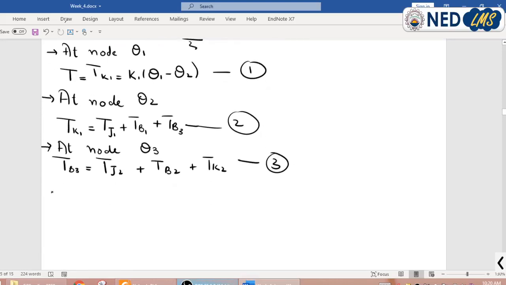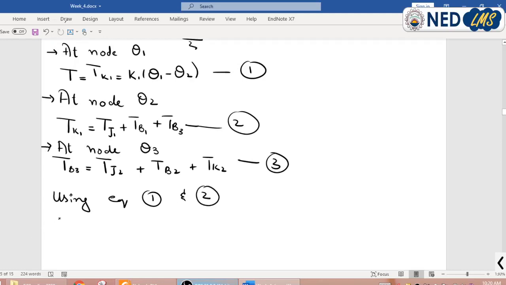So if I want to find the state variables here, first of all I would like to write this equation using equation 1 and 2.